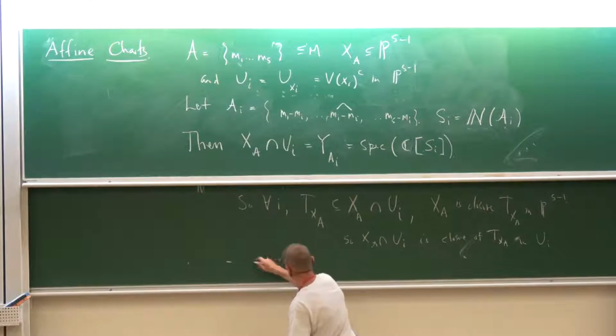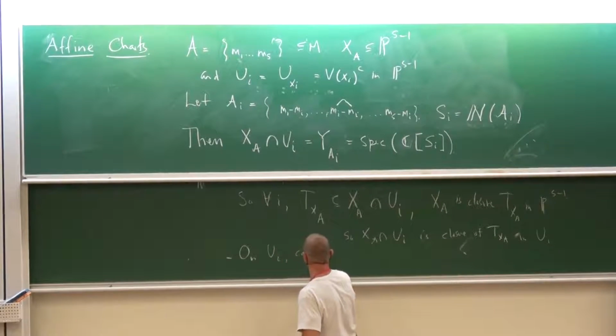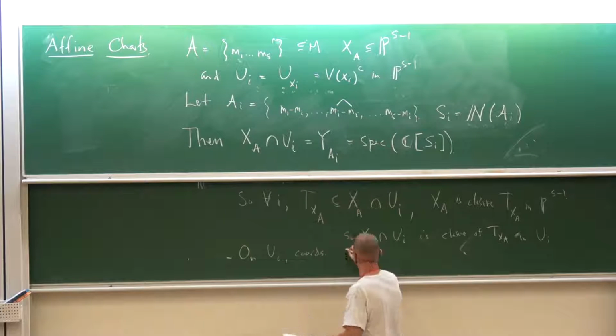is that we know on U sub I, our coordinates, just like we said before, are going to look like x1 over xi.